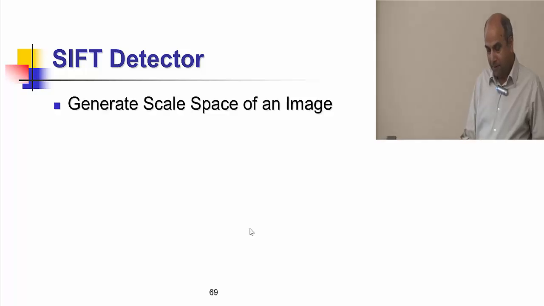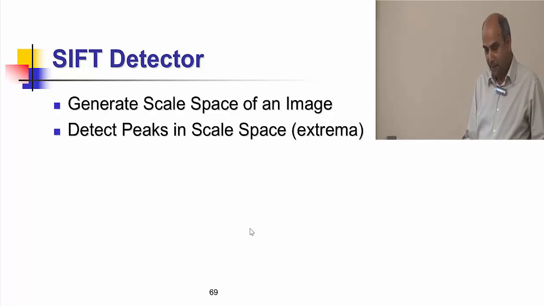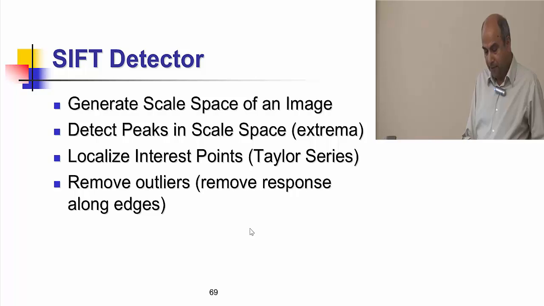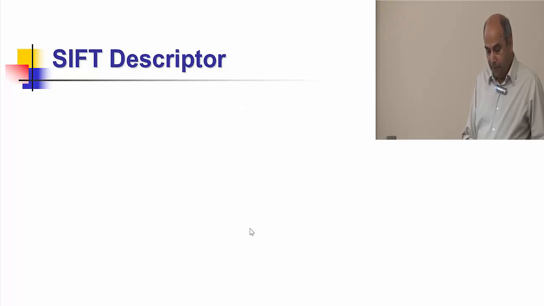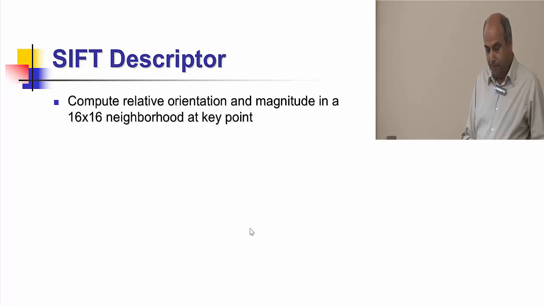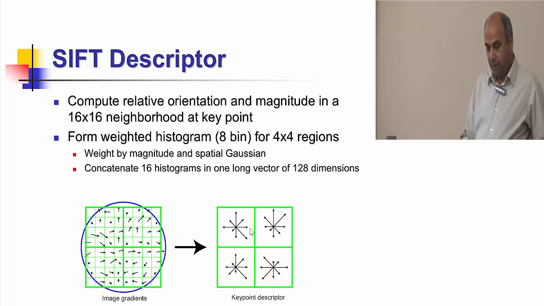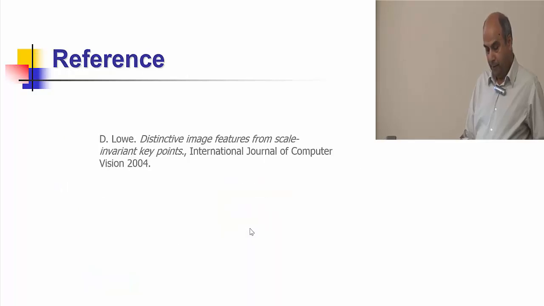So the summary is: the SIFT detector generates a scale space of an image, detects peaks in the scale space, which are extrema, localizes interest points using Taylor series, removes outliers, removes response along edges using the Hessian, and assigns orientation. The SIFT descriptor computes relative orientation, again look at the word relative as you asked earlier, relative orientation and magnitude in the 16 by 16 neighborhood, forms a weighted histogram with 8 bins for 4 by 4 regions, and then gives the 128-dimensional feature vector of the descriptor.